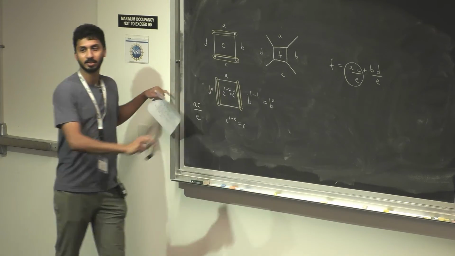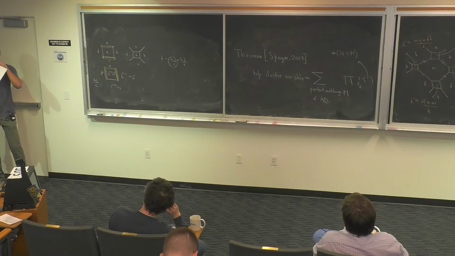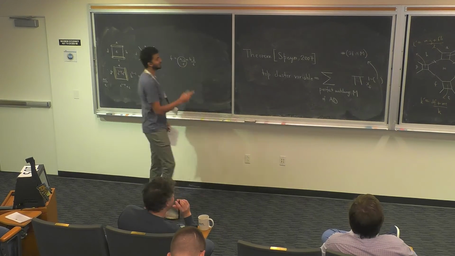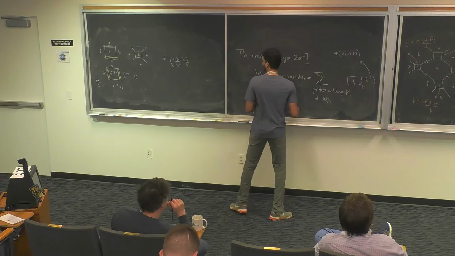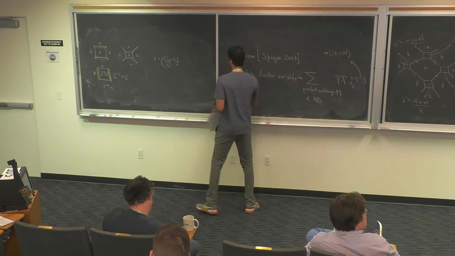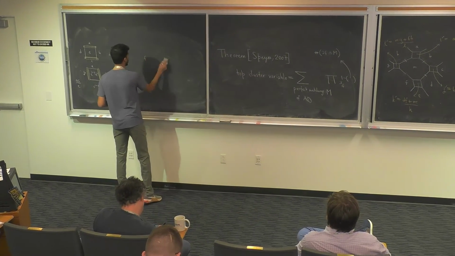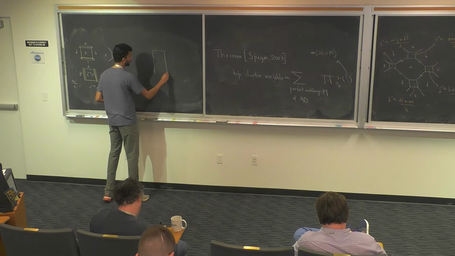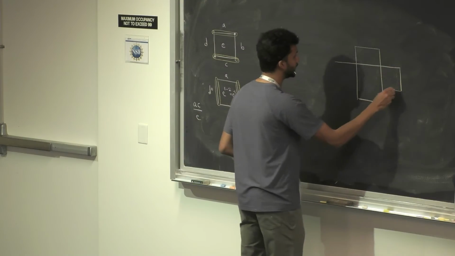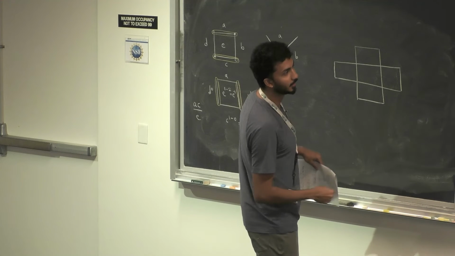Okay, any questions about this? So let's check a bigger Aztec diamond to see if we get one of those terms. So this is the Aztec diamond of size 2 that we looked at over there.